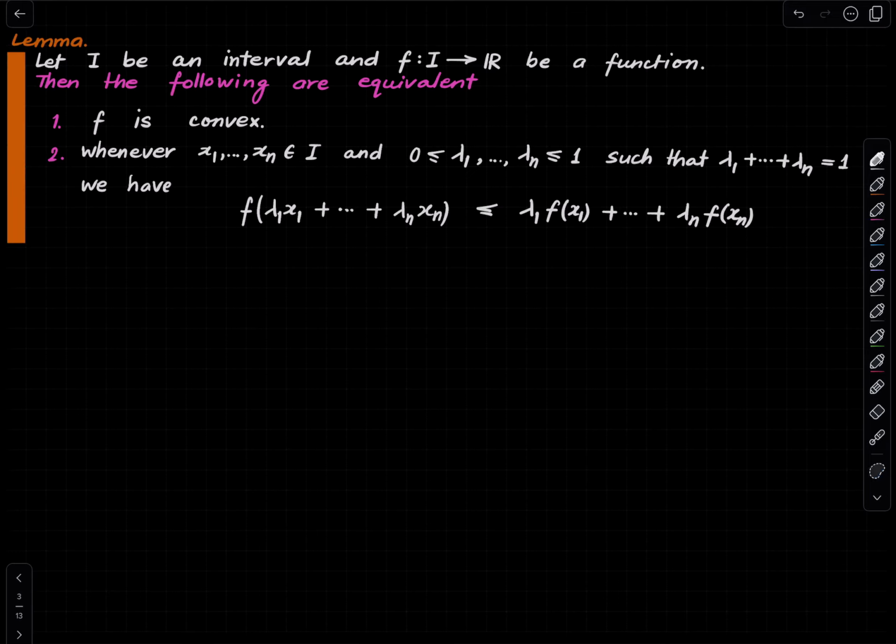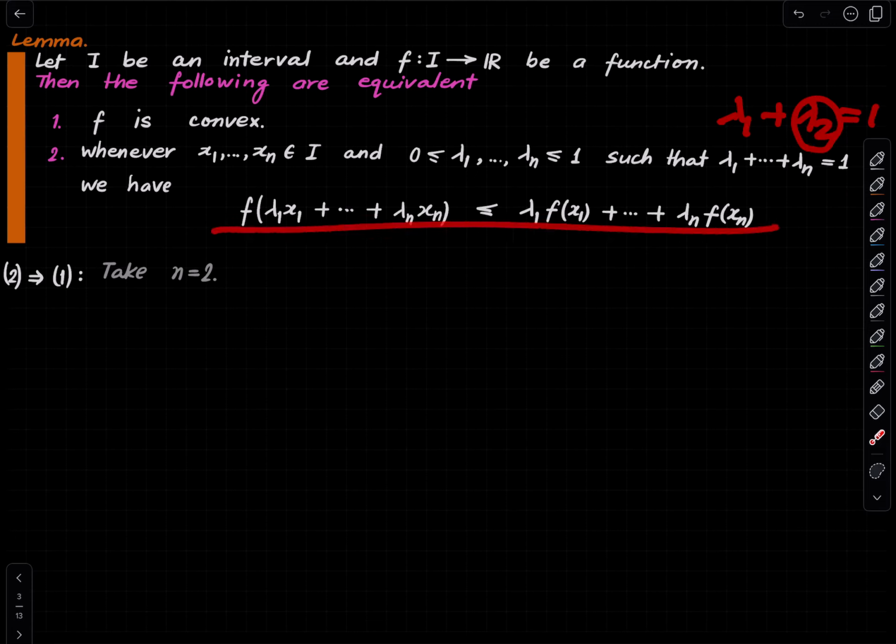So 2 implies 1 is a very simple deduction. Well, just take n as 2, right? If n is equal to 2, what do we see? We see that whenever you choose 2 points in the interval and you choose lambda 1 and lambda 2 such that they sum up to 1, which is to say that lambda 1 plus lambda 2 is 1, which is just saying that lambda 2 is 1 minus lambda 1.